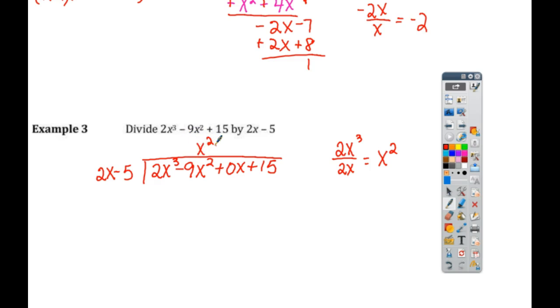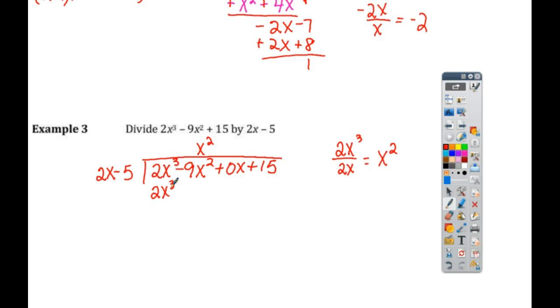Okay, so next I'm going to take x squared times 2x, and I get 2x to the third. Then I'm going to take x squared times minus 5. Right? Do you see that?